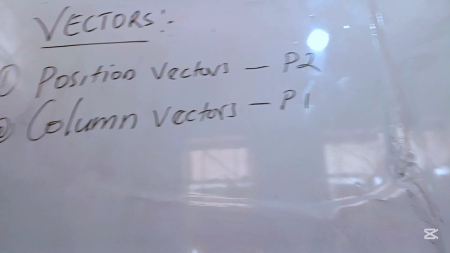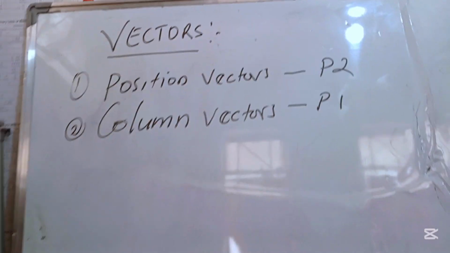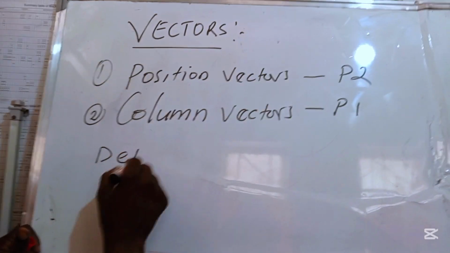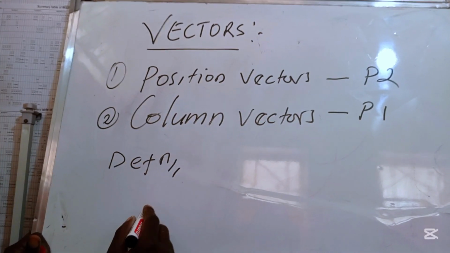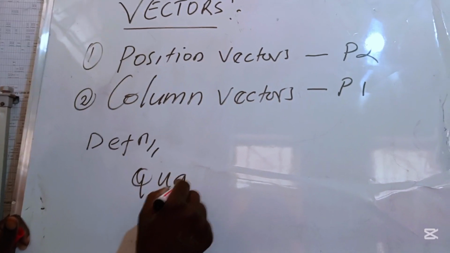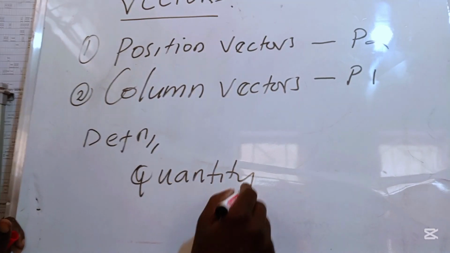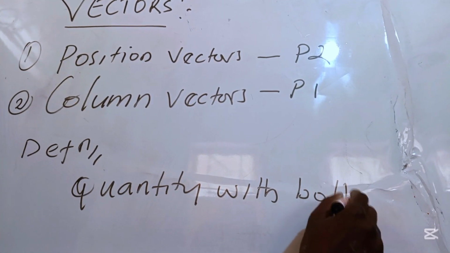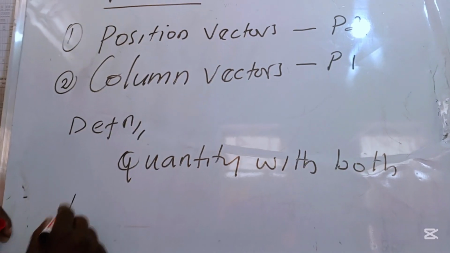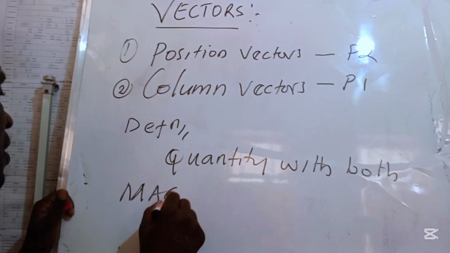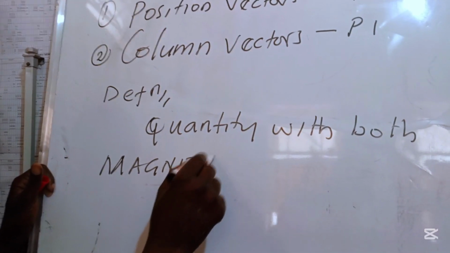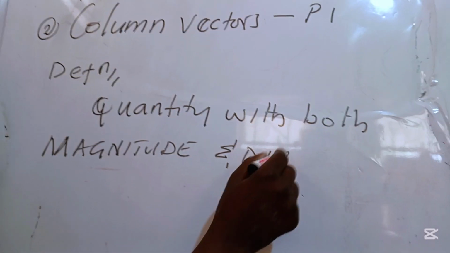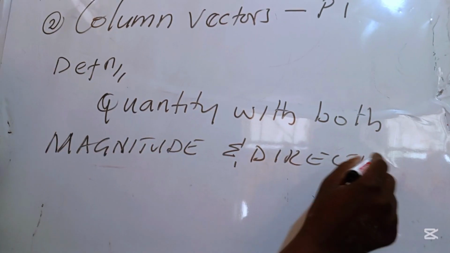Now, what are some of the issues with both vectors? Of course, this is the vector definition: a vector is just a quantity that has got two things, both magnitude and direction.